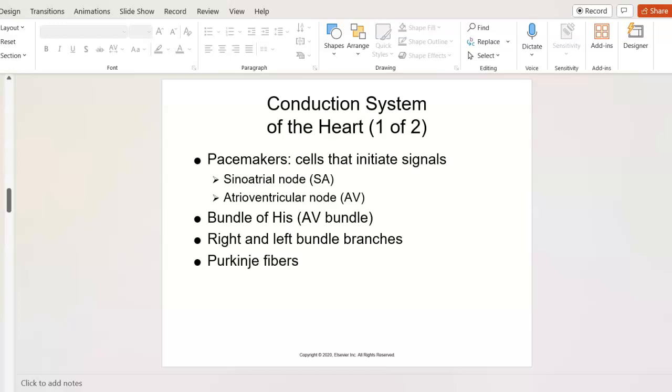The SA node is our good old pacemaker at 60 to 100 beats per minute. It starts to signal and allows it to travel down through the atria, down through the ventricles, and allows the blood to get through appropriately and out where it needs to go. The other issue, if you don't have the proper conduction system of the heart, is not getting enough blood in and not getting enough blood out.